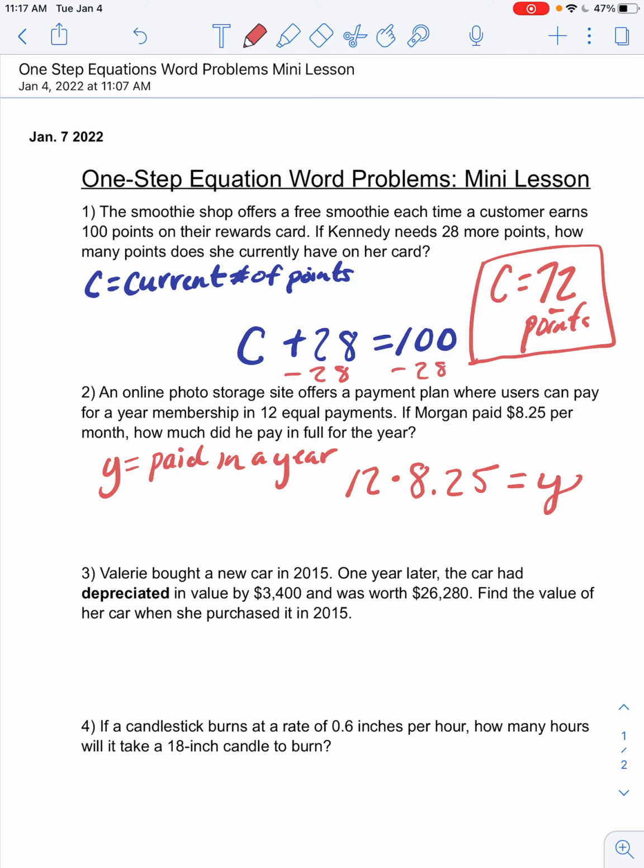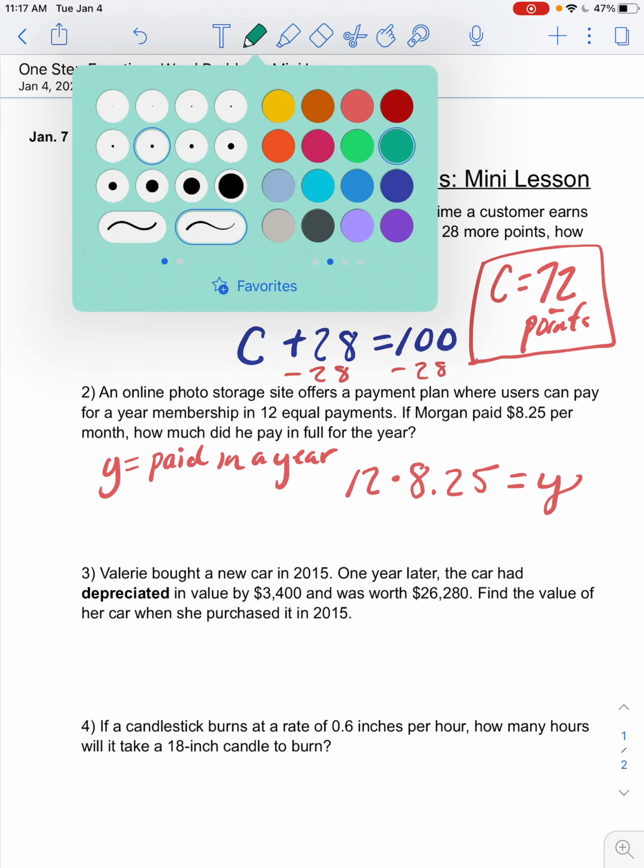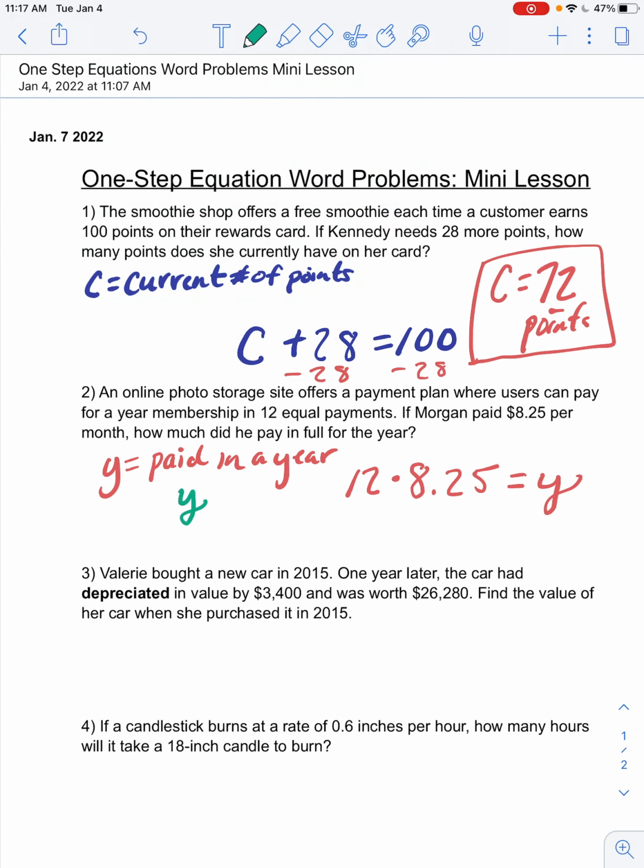Another way is to say that if Y represents all the money in a year, then Y divided by 12 would have to equal $8.25. And a third way to do it, you could say that since each payment was $8.25, then the total amount in payments divided by $8.25 would have to equal 12. So that's 3 different ways you could model that one.